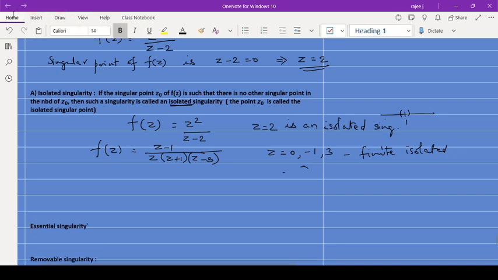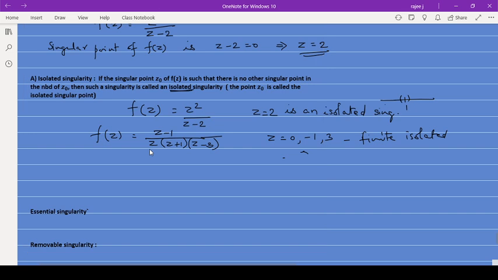Okay. Now if I define f of z is equal to 1 upon sine pi z, then here z takes the values 0, plus or minus 1, plus or minus 2, etc., means so many values are there, because we know sine n pi equal to 0 always for all values of n.